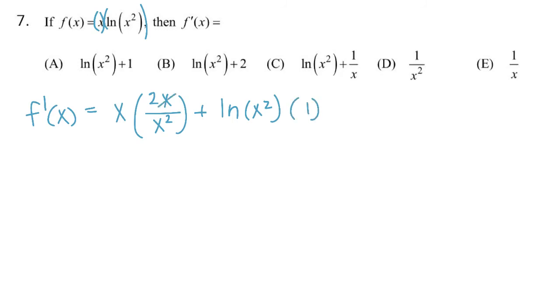Here our x's cancel with x squared. So I have 2 plus the natural log of x squared. So it looks like the right answer choice here is going to be B.